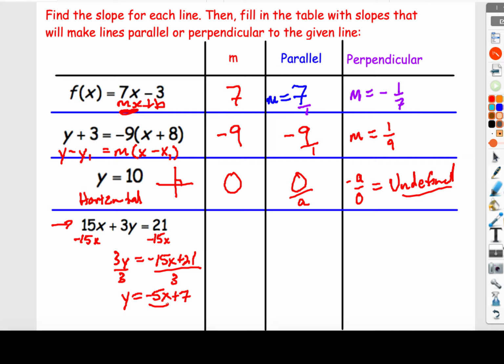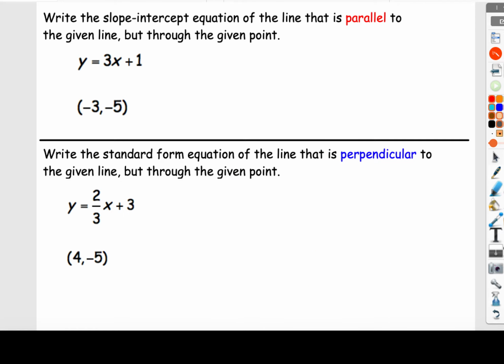We know that the slope then is negative 5. A parallel line would have a slope of negative 5. And a perpendicular line would be positive, right? Instead of a negative slope, it's going to be a positive, and instead of 5 over 1, it will be 1 over 5. Again, perpendicular slopes are negative reciprocals of the original.